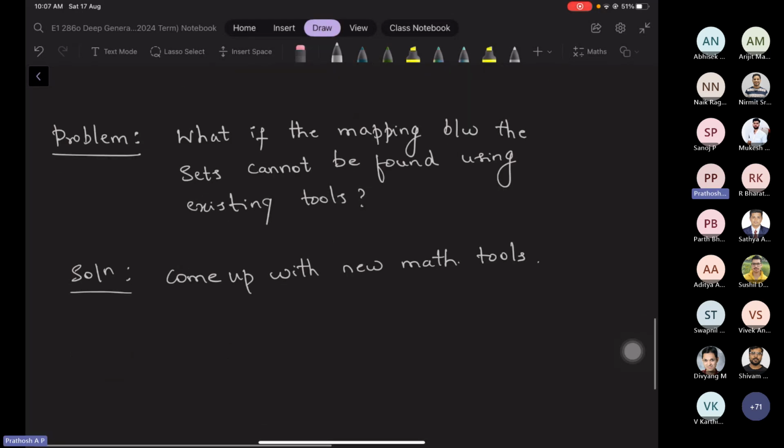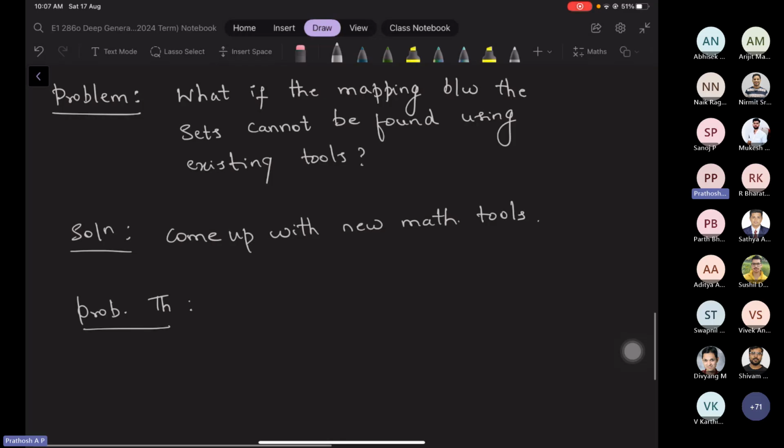Specifically for probability theory, I'll give you formal definitions of all this. The motivation for probability theory is the following: the relations between sets to be approximated, or rather relations to be found out, are complex.